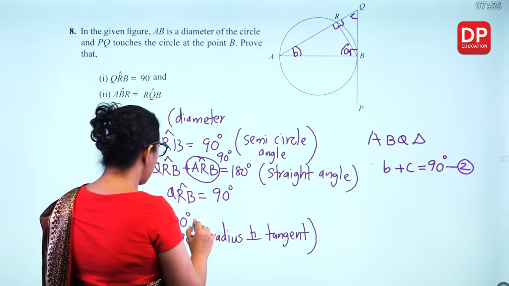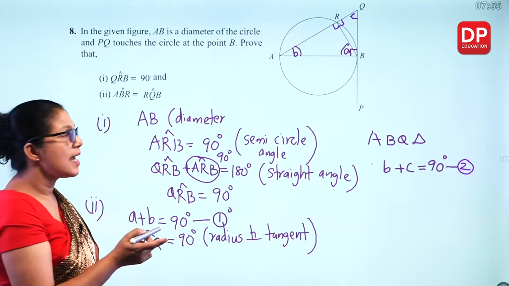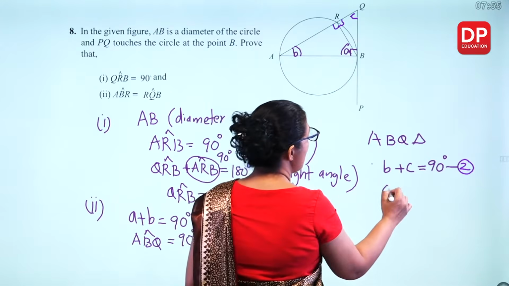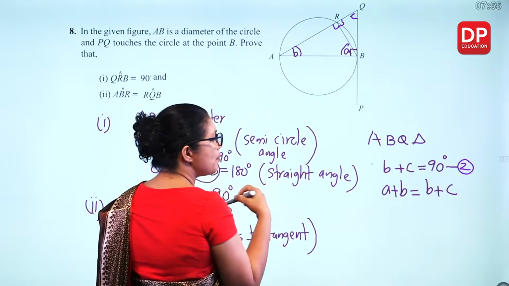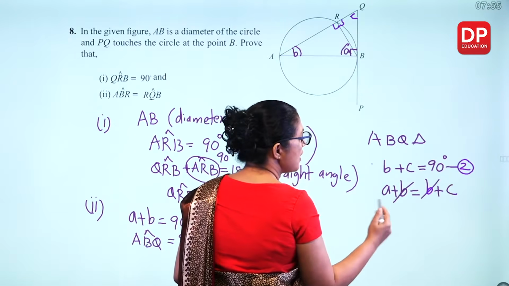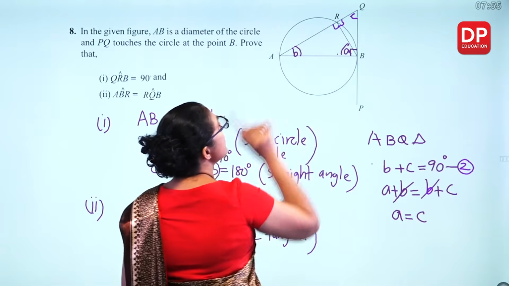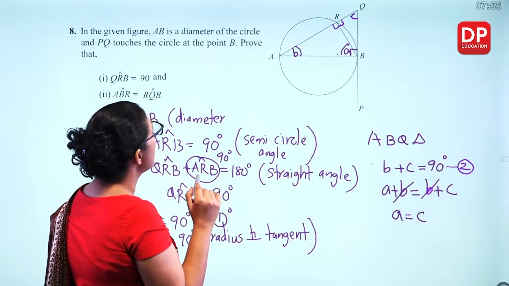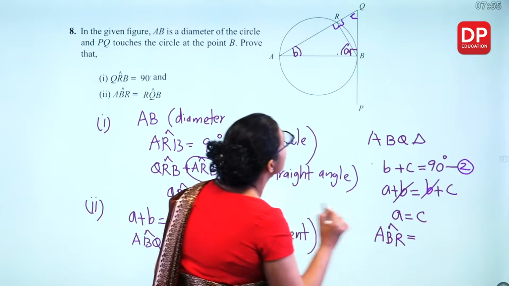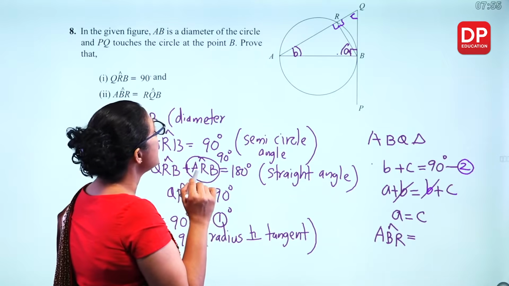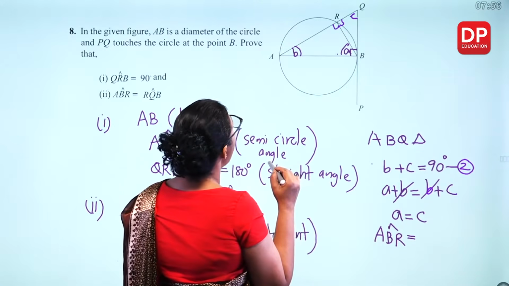Now according to 1 and 2, A plus B is 90, B plus C is 90. We can write A plus B is equal to B plus C. Take B out from both sides, you get A equals C. So this is A and this is C. So A is angle ABR, C is angle RQB.